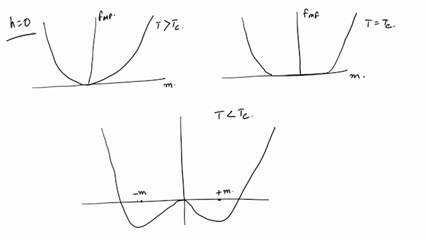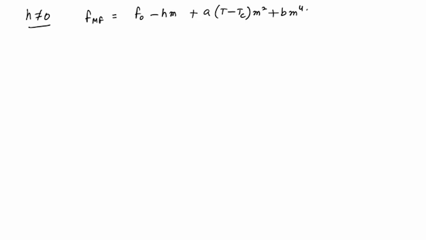So this is H equal to 0, and if you go to H not equal to 0, then the free energy picks up a term. So this is equal to F_MF, which is F0 minus H m plus A (T minus Tc) m square plus some B m to the power 4 and so on.